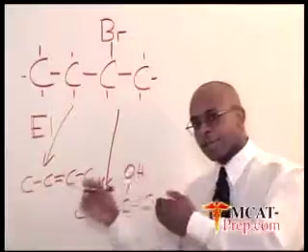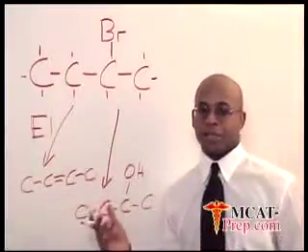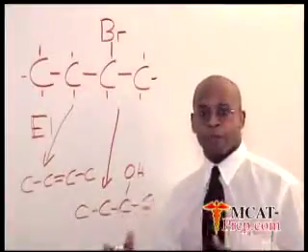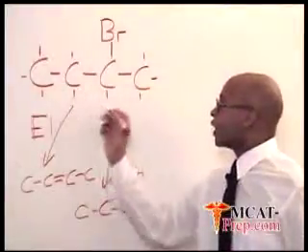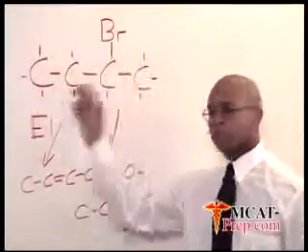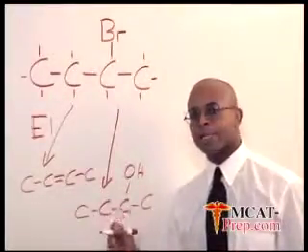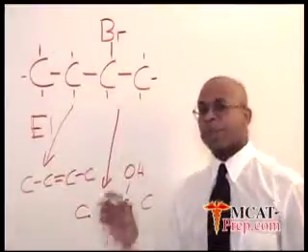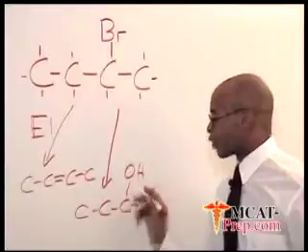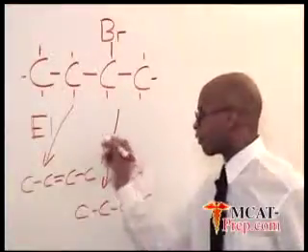When it dissociated, that took a long time. But if OH minus is in solution and there's a positive charge there, then the reaction would occur very, very quickly. So the rate determining step, the slowest step, was the dissociation here. And because that was the slowest step, the rate of the reaction depends upon the first step. Therefore, this is nucleophilic substitution, first order.